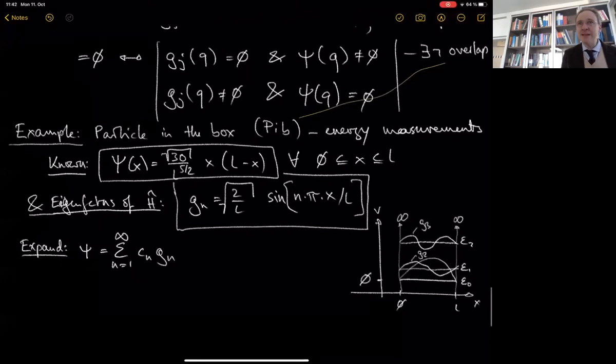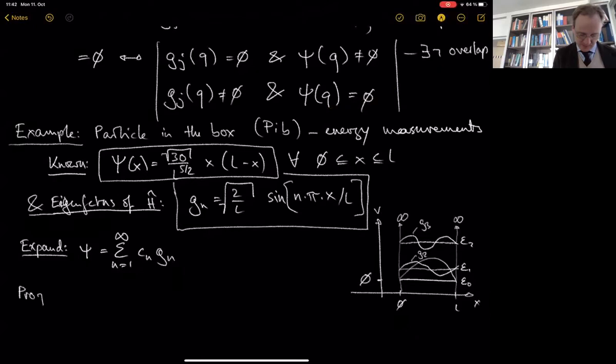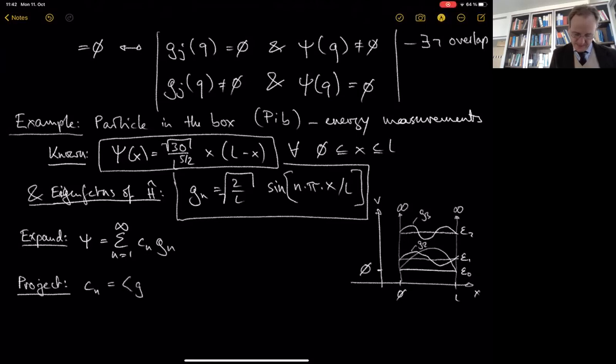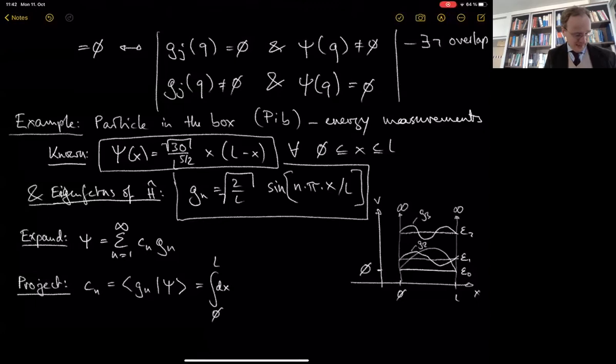We can now get the coefficient, so we project, and your coefficient Cn, as we said above, is the Gn eigenfunction projected onto psi. And in our case, our tau is just x, so we go from 0 to L, and then we plug in our Gn, the complex conjugate. It's just a real function, there's no imaginary part, so that's not needed in this case.